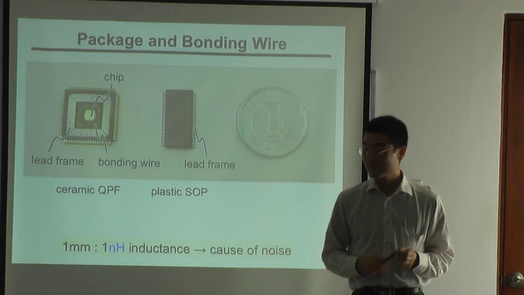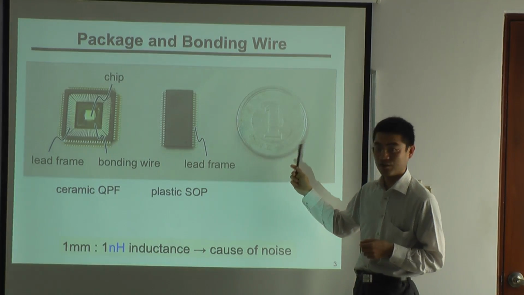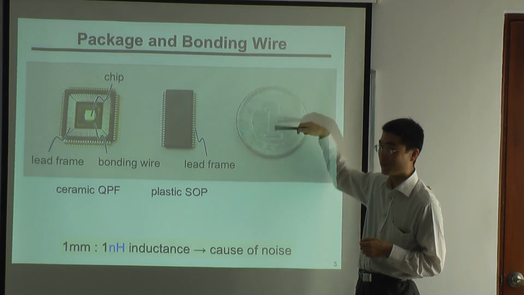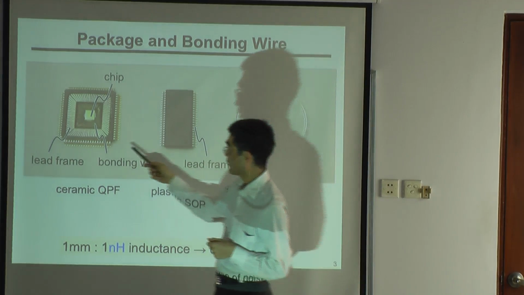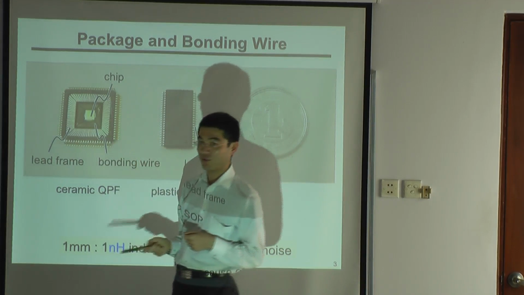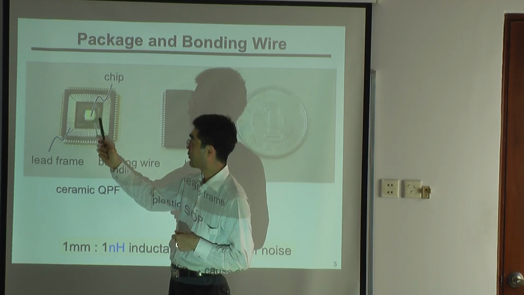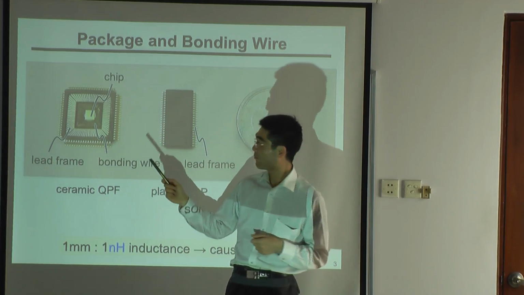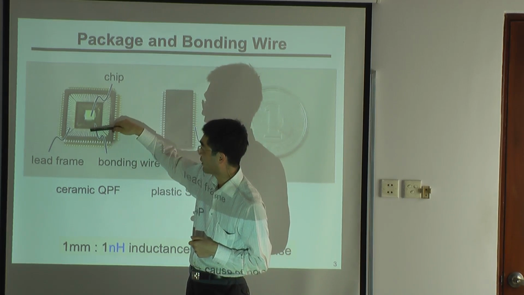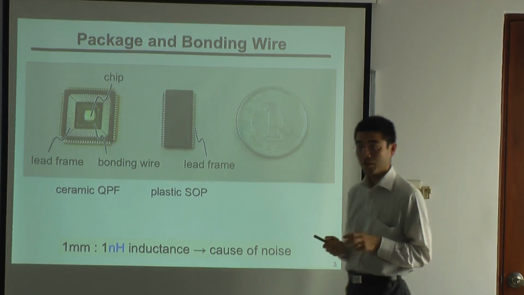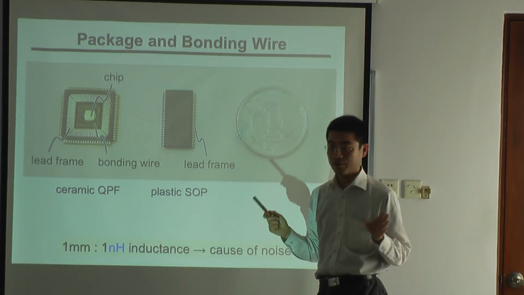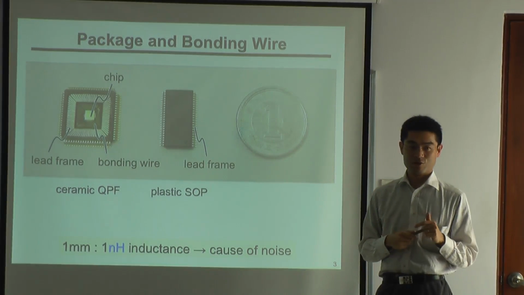And this is a picture. This is a Japanese coin. The diameter is 1 centimeter. So this is about 1 centimeter, and the chip is about a millimeter. And this is the bonding wire, and this is the lead. And there are many kinds of packages.